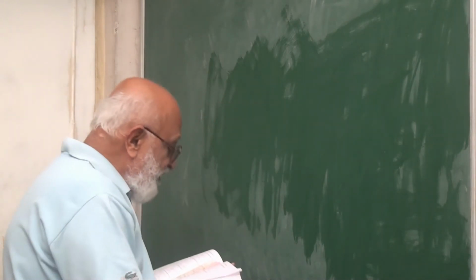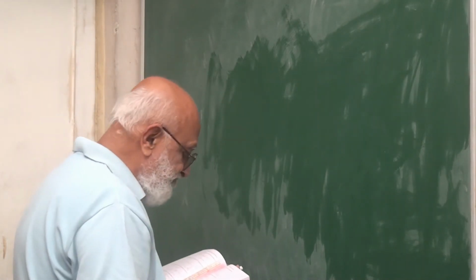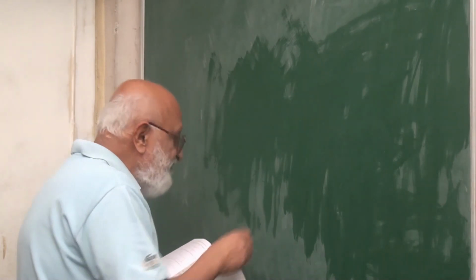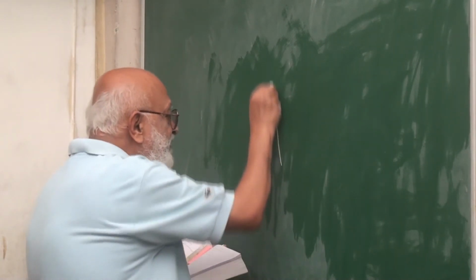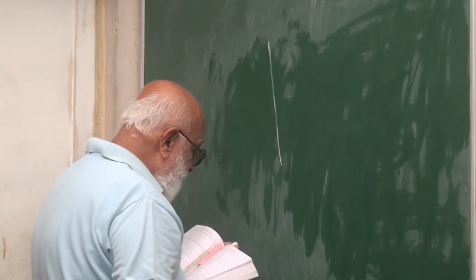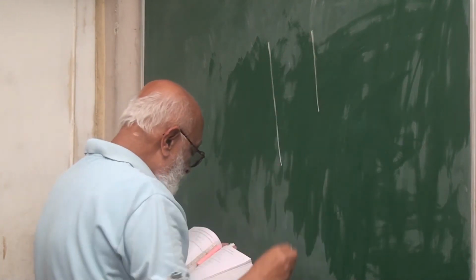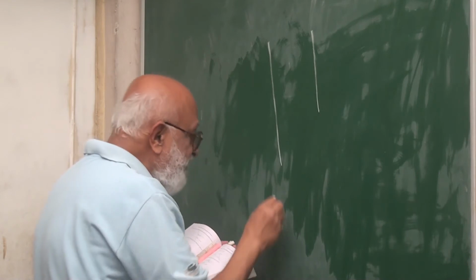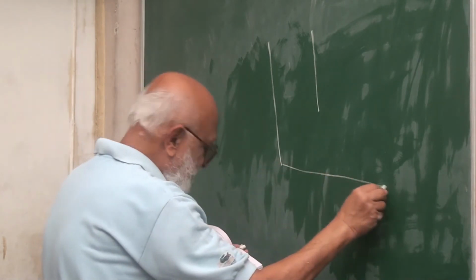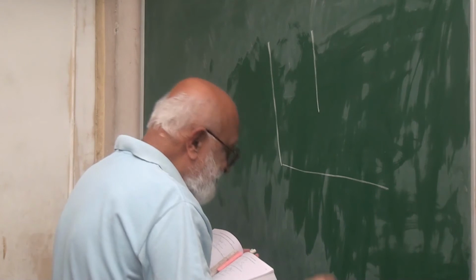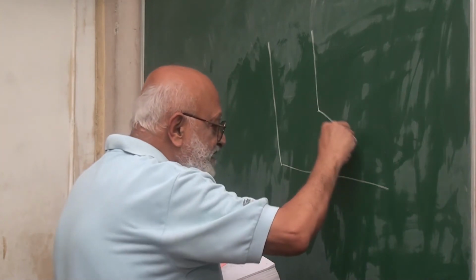Okay, now this is the next one. This is again AB. Okay, this is CD. Okay, this A goes to E, A goes to E, and C is connected here.